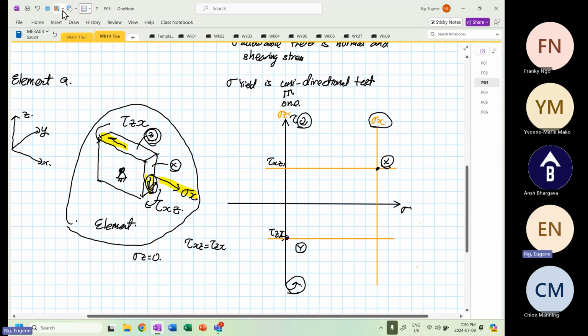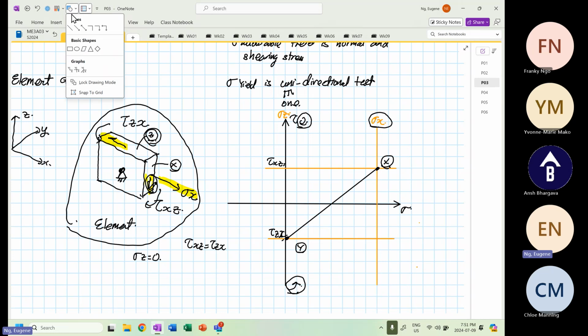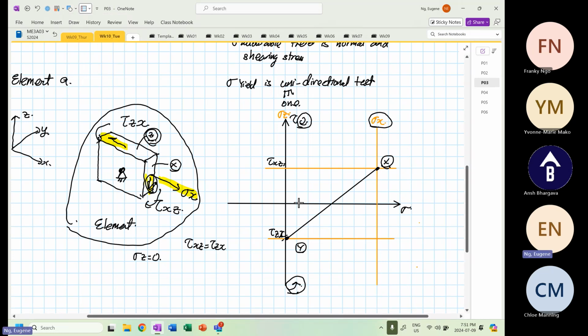So we are going to construct a line. And then from here, we are going to draw a Mohr's circle. So now we are constructing a Mohr's circle. So this is our Mohr's circle.